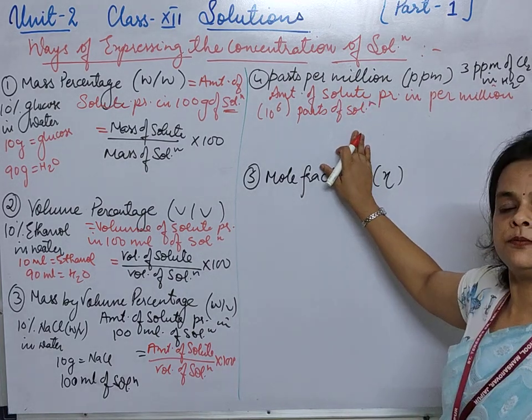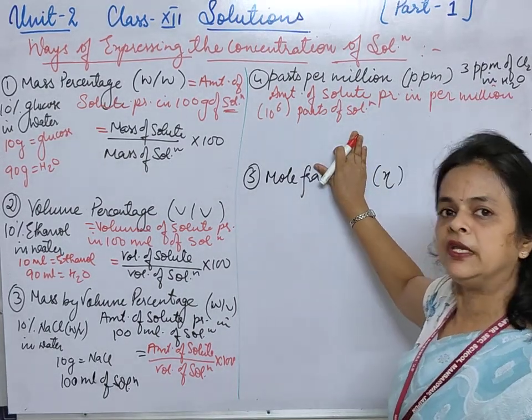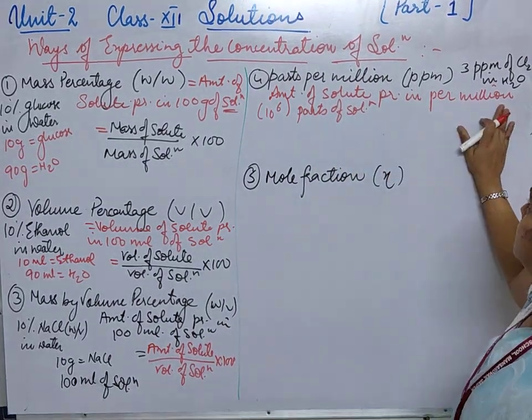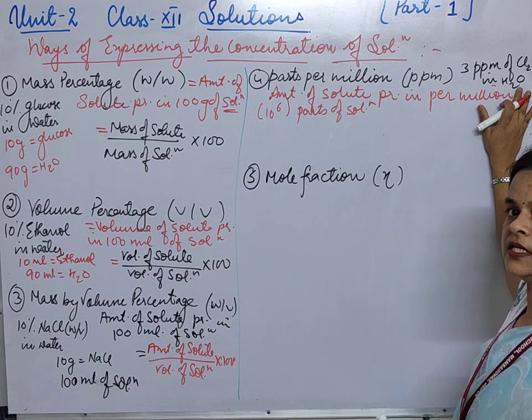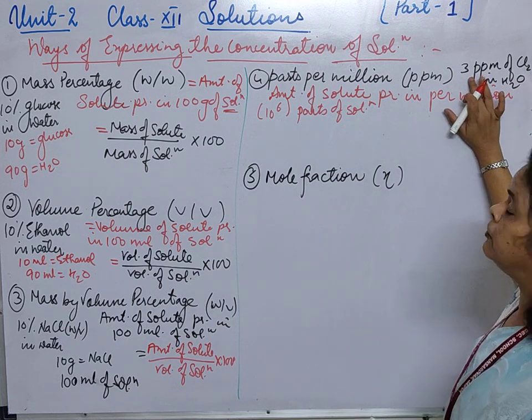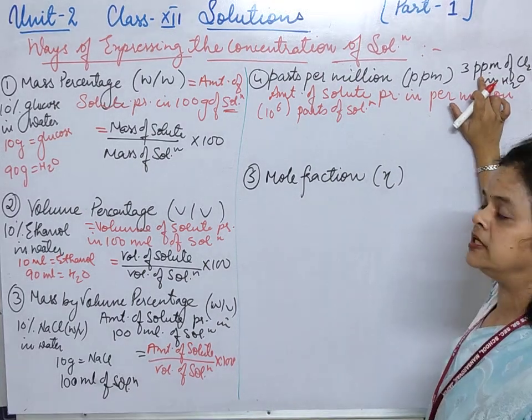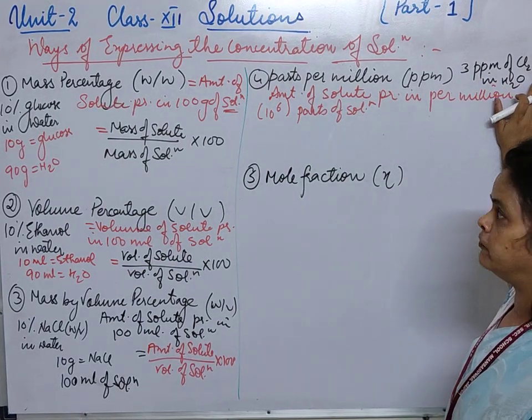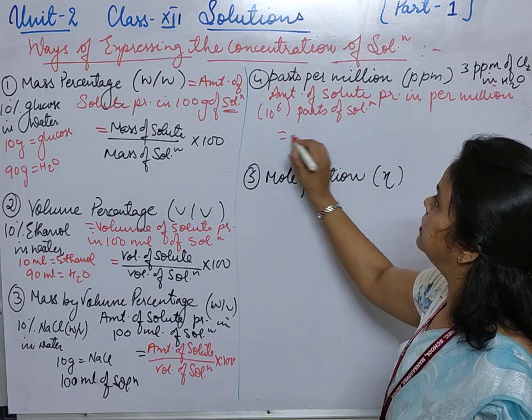Okay, अब यहाँ पे जब हम solution की बात करते हैं तो it is very dilute. So either we are talking in terms of water or we are talking in terms of solution, one and the same thing. So we are saying 3 gram of chlorine is present in 10 to the power 6 grams of water. So how we will write the formula?